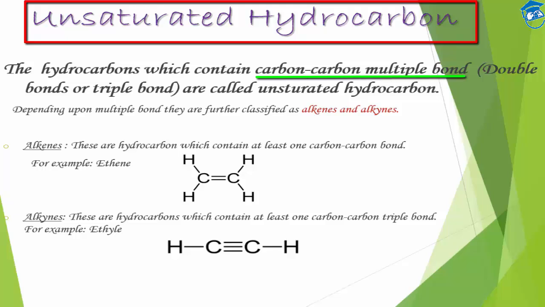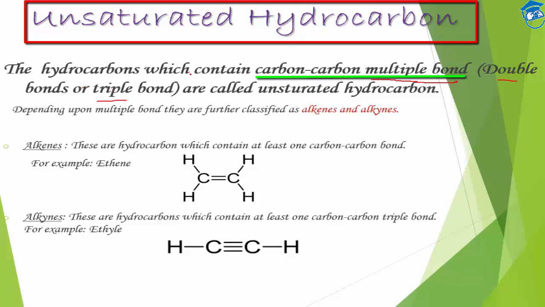So unsaturated hydrocarbon will contain carbon-carbon multiple bonds. Either they will have a double bond or they can have a triple bond, because carbon can form only 4 bonds and a carbon-carbon quadruple bond is not possible. It is not symmetrically allowed.